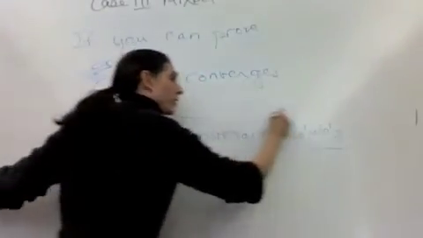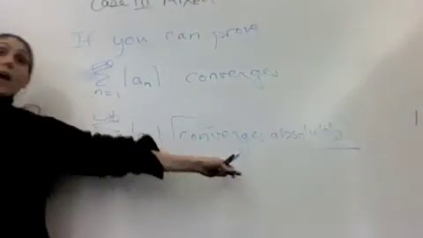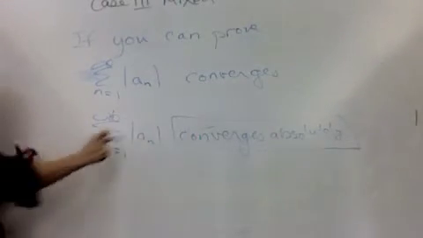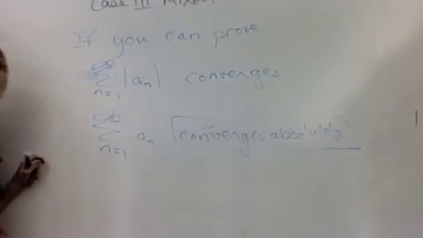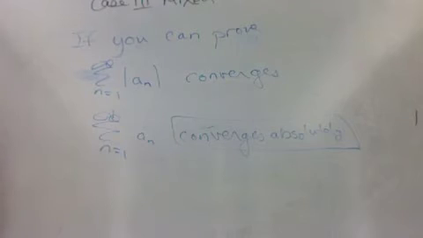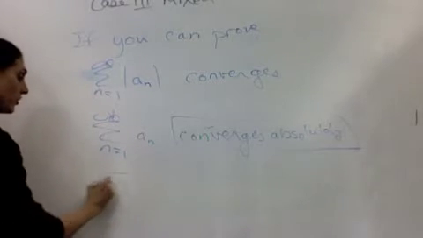This is a vocabulary term in higher level math. Absolute convergence, you took the absolute value. This will also converge, it must. This will converge absolutely. If you take the absolute value and you still get a finite value when you sum up all those terms, it converges absolutely.